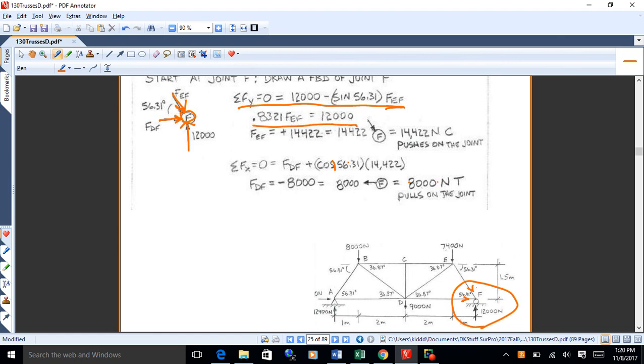I'll take the sine 56.31, that's 0.8321 times FEF. Take that to this side of the equation, it becomes positive. Set it equal to the 12,000 and solve, and I'll get FEF is 14,422. My answer comes out positive, and that means that it's in compression, as I assumed. It's pushing down and to the right on the joint. Okay. So that's compression, 14,422.